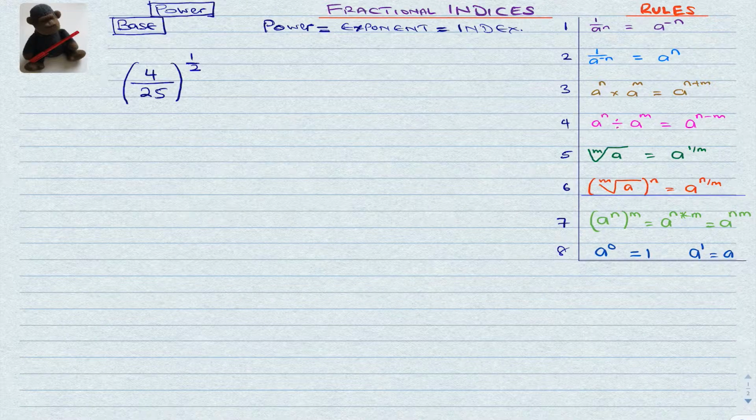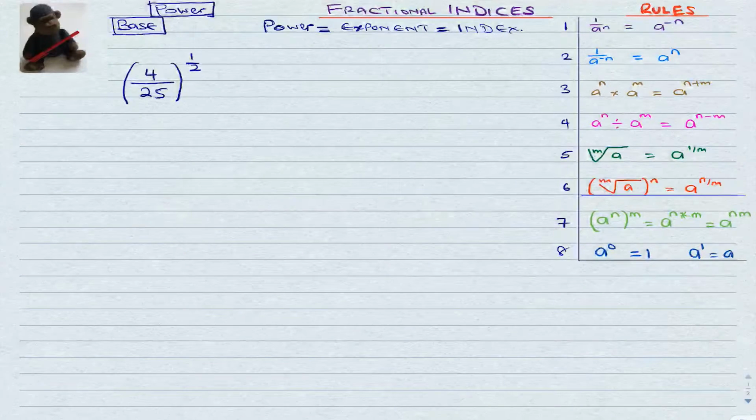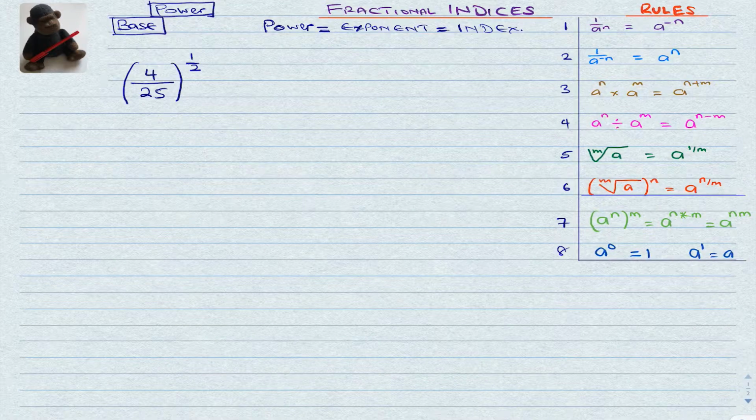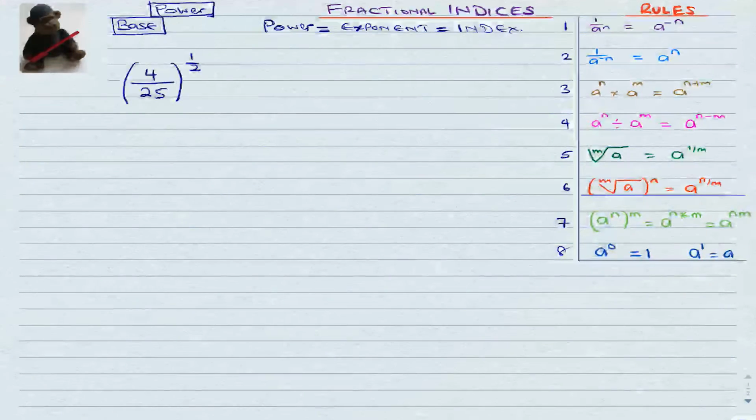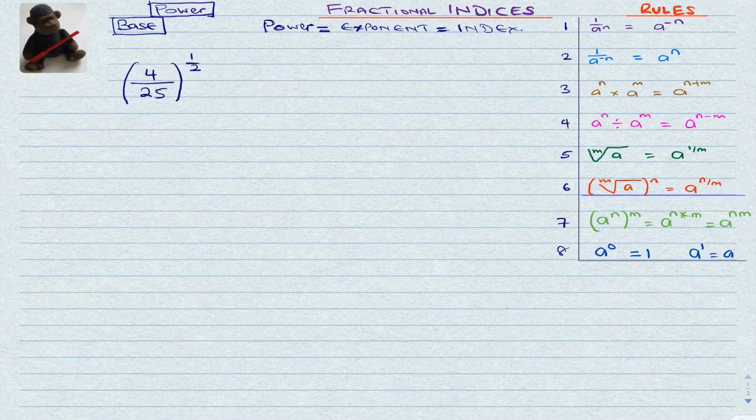There's a clue in the question. The bottom, or the denominator of the fraction, tells you the clue. In this case, those numbers, you may be able to multiply them. Two numbers you can multiply together to get 4, and two numbers you can multiply together to get 25.